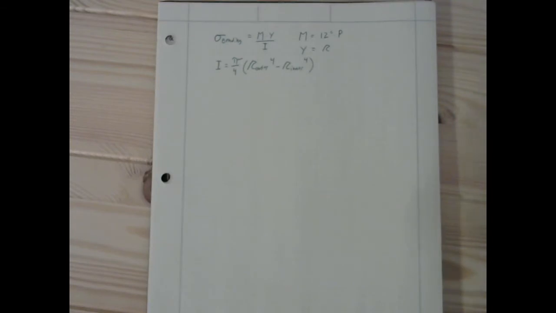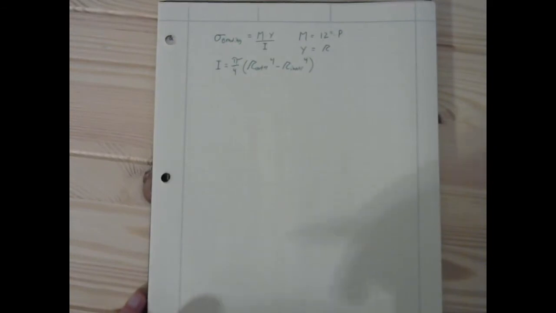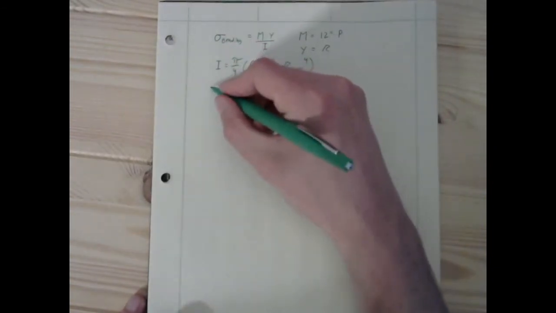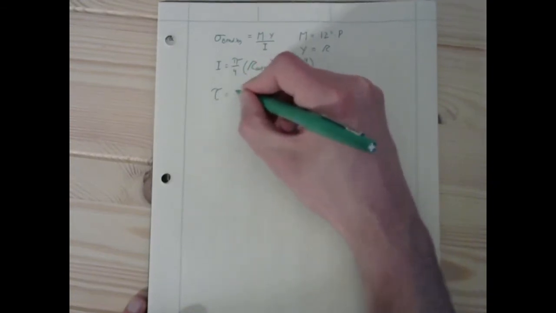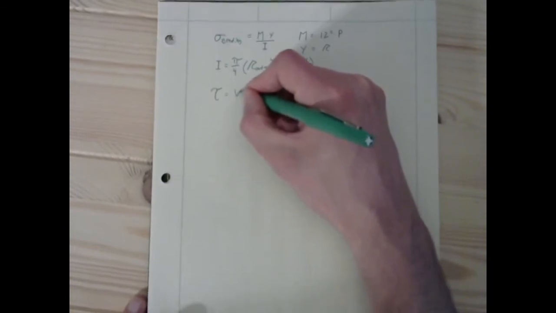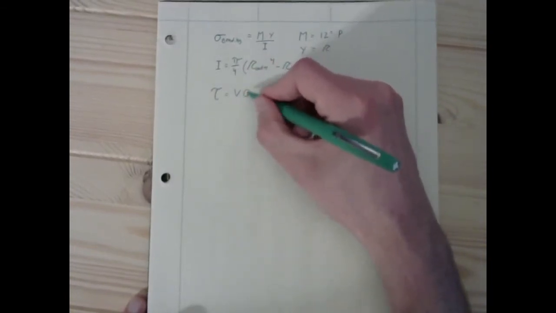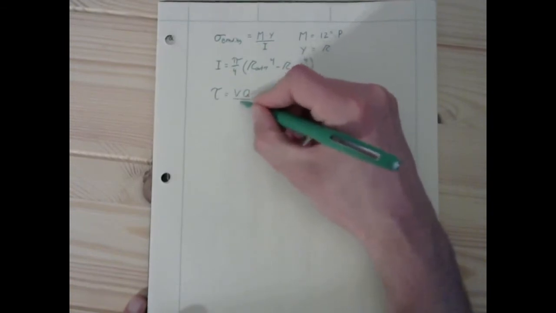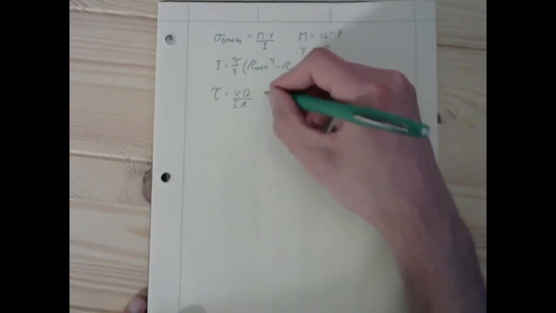We would also have shear stress for this, right? We would have shear stress from the lateral load. And shear stress is going to be equal to the shear force, which would be P in this case, times Q over I times the thickness.